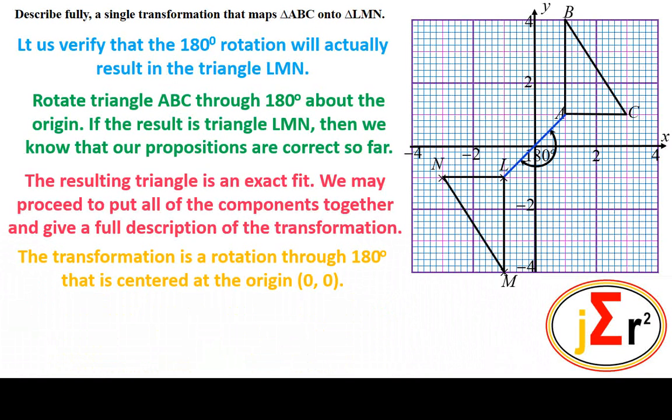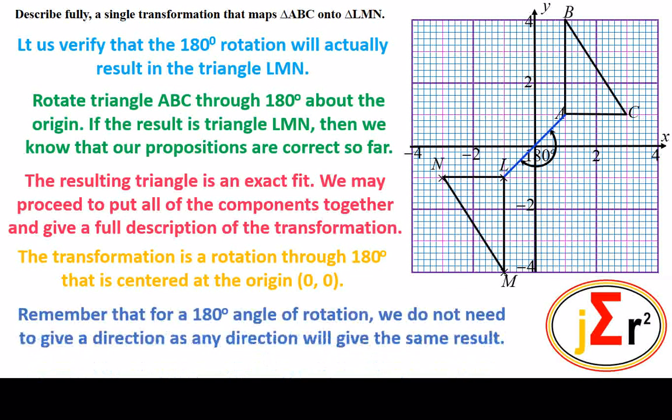And we do not need to give the direction of turn, because 180 degrees in any direction will result in us ending at the same point. Remember that for a 180 degrees angle of rotation, we do not need to give a direction, as any direction will give the same result.